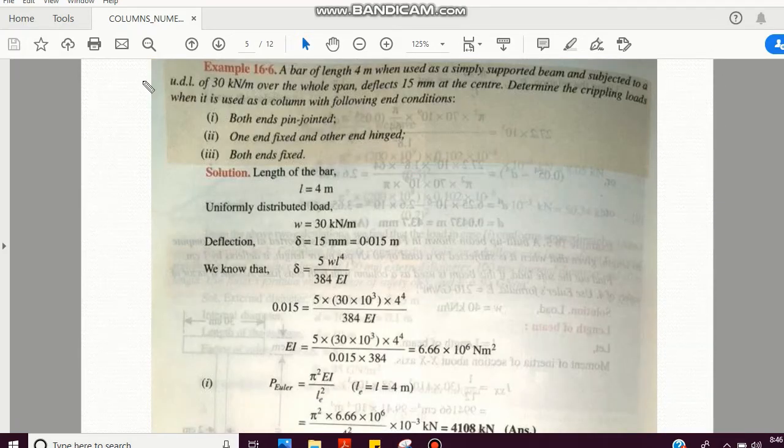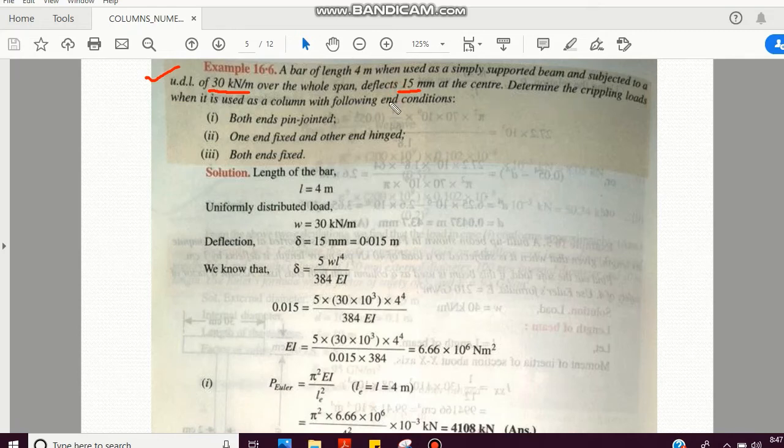This question is quite like the previous one. It says that a bar of length 4 meter, when used as a simply supported beam subjected to a UDL of 30 kilonewton per meter over the whole span, deflects 15 millimeter at the center.